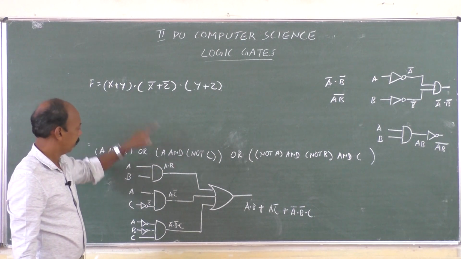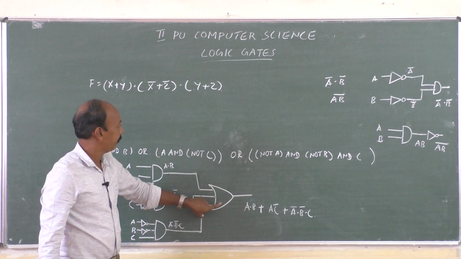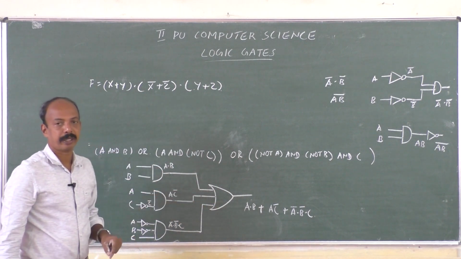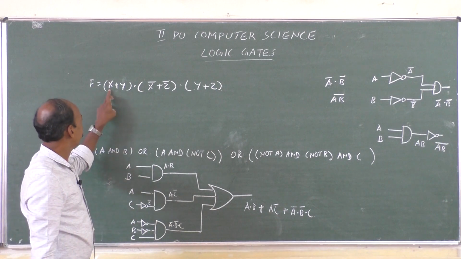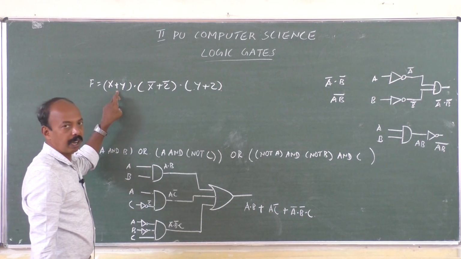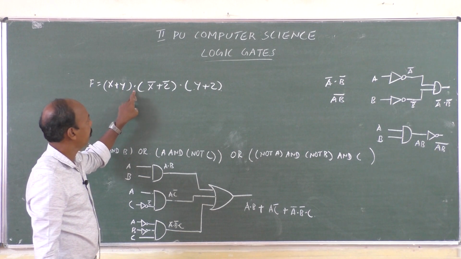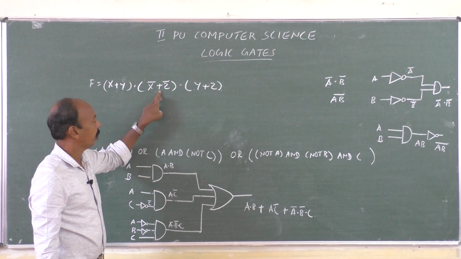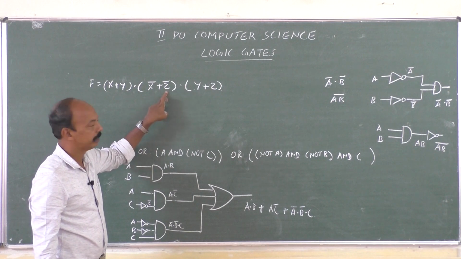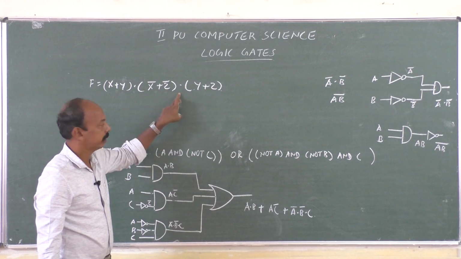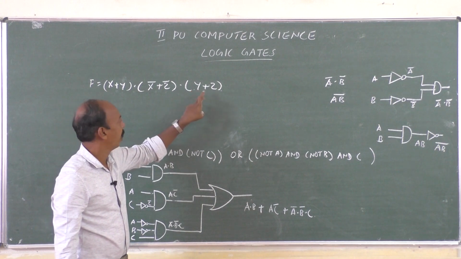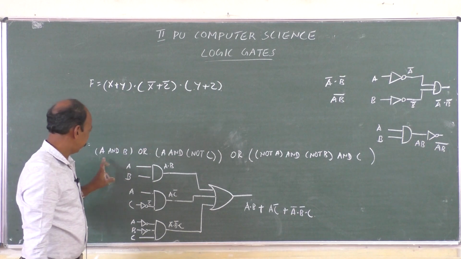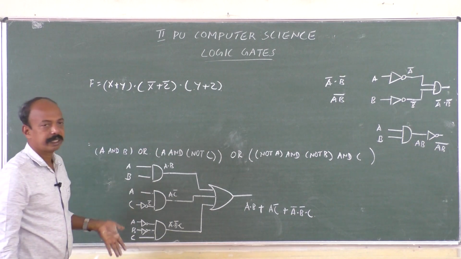In the second level, in the earlier case we wrote the OR gate, but here it is a product, so we need to write the AND. That will be the difference. So x or y, and not of x or not of z, and y or z, we have to write. Then draw the circuit diagram for that.